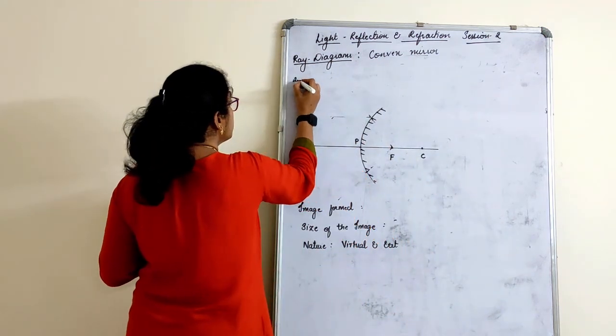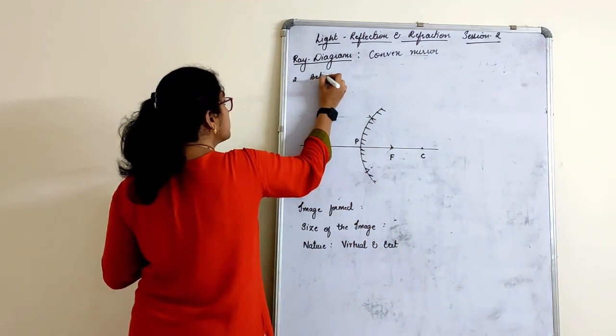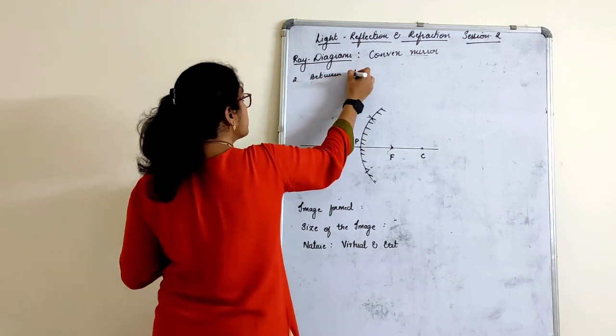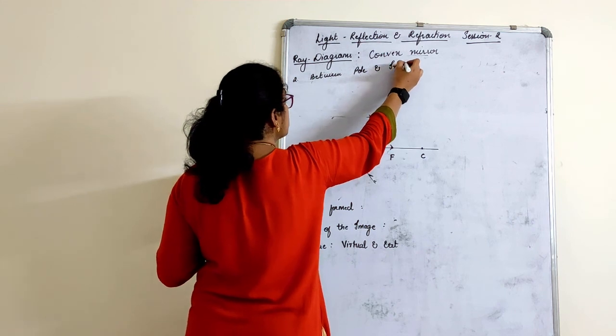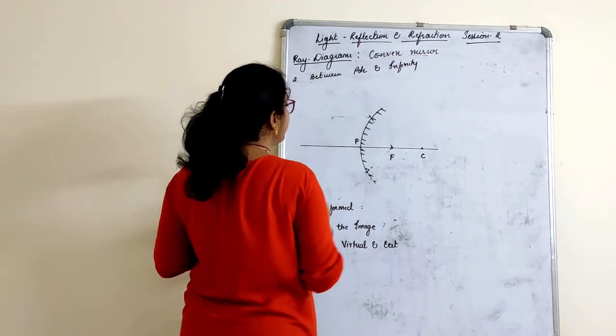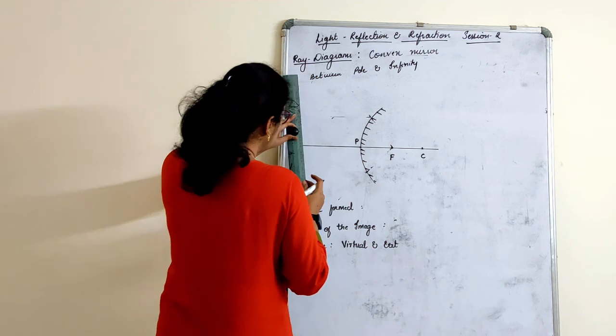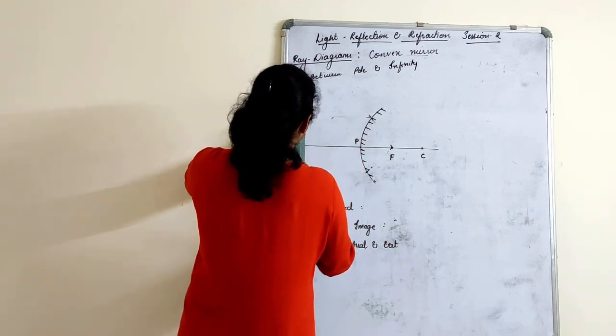Second one, between pole and infinity. Where would you like to keep? Keep somewhere here, that is fine.